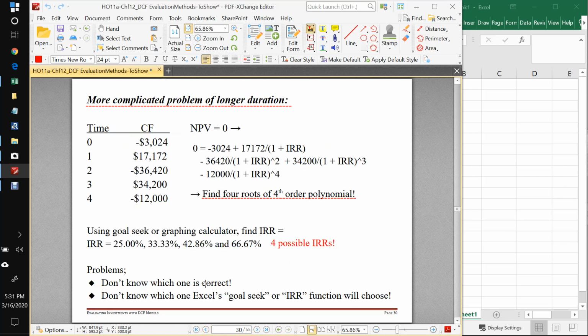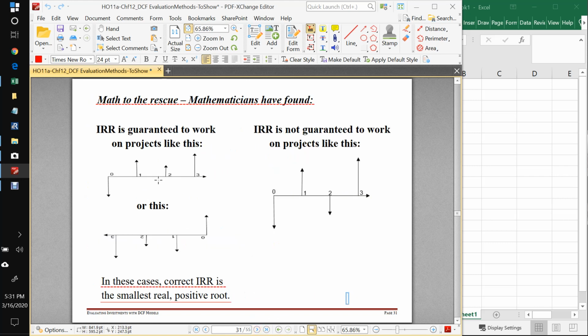And if we look carefully at this one, we'll see that's exactly the case. Out in the future, positive, negative, positive, negative. It's only guaranteed to work where we have one negative, all the rest positive, or all negative, one positive, that type of thing. Or, of course, again, vice versa, right?